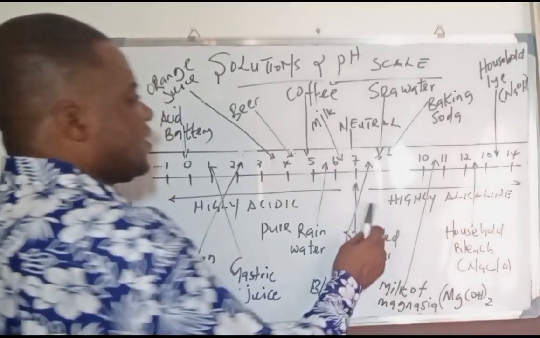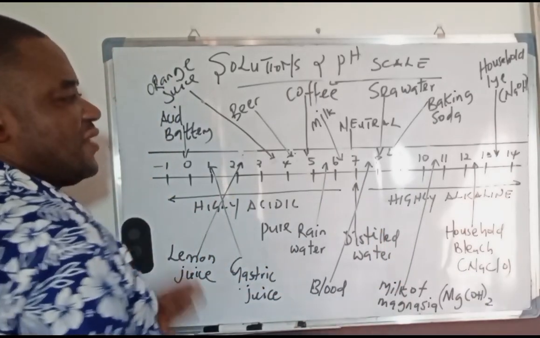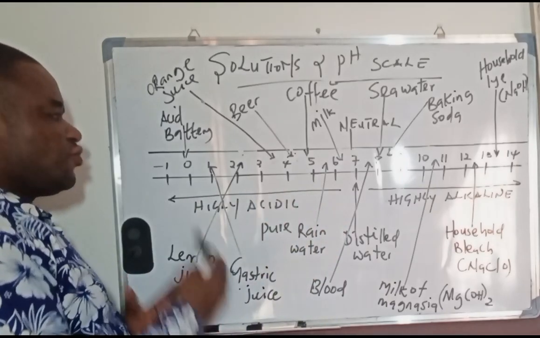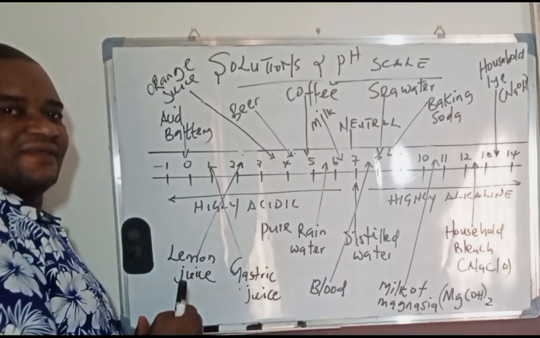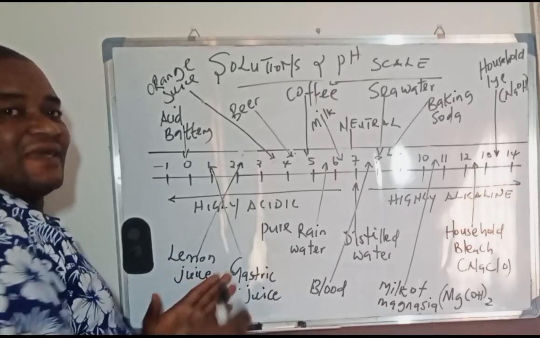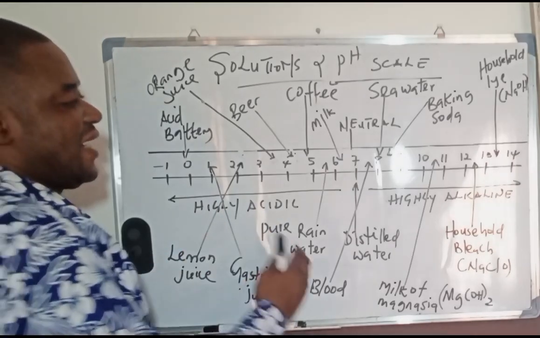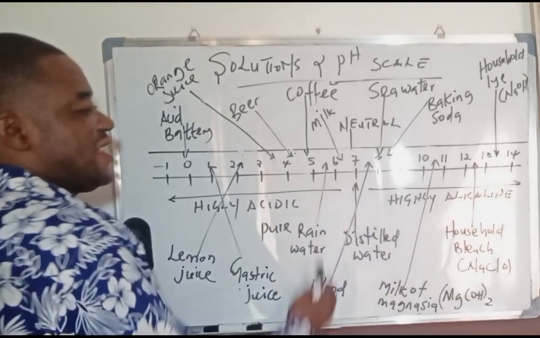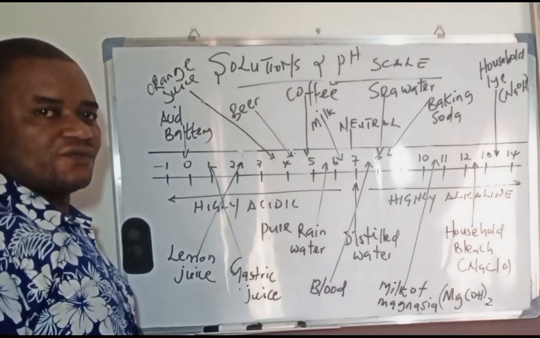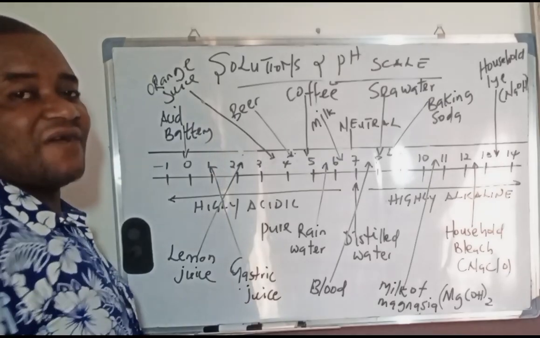Now, if you are moving from your right to your left, after 7, you are approaching 0. That means you are moving towards high acidity. So the pH scale has acidity on the left and alkalinity on the right, and in between is the neutral, which is 7. So all neutral solutions have a pH of 7.